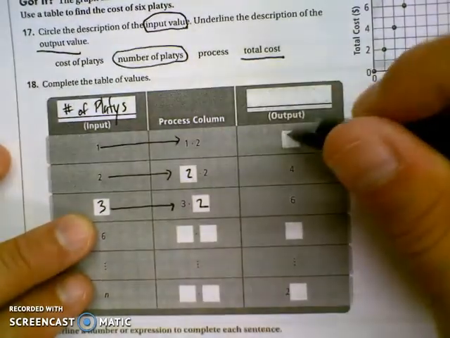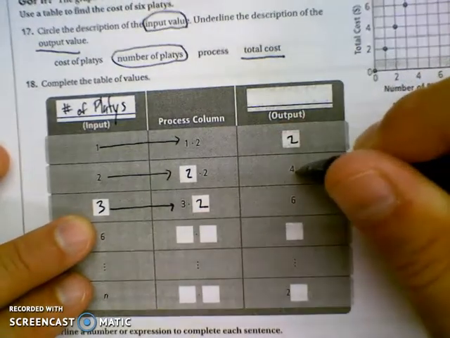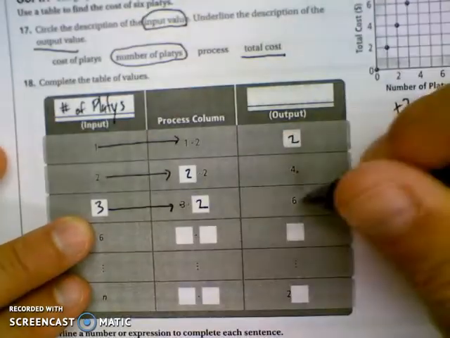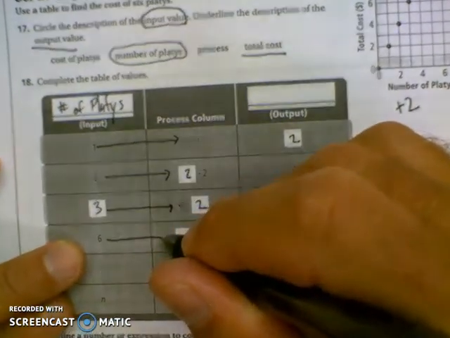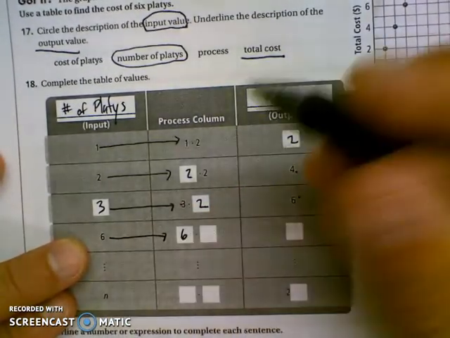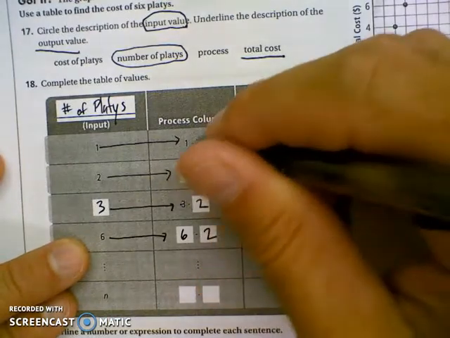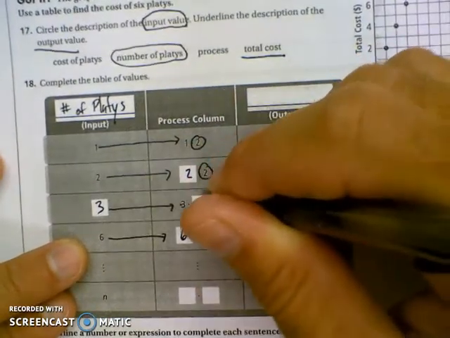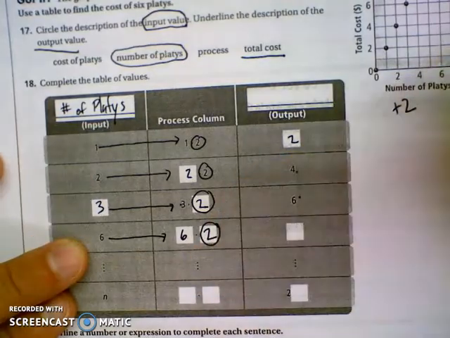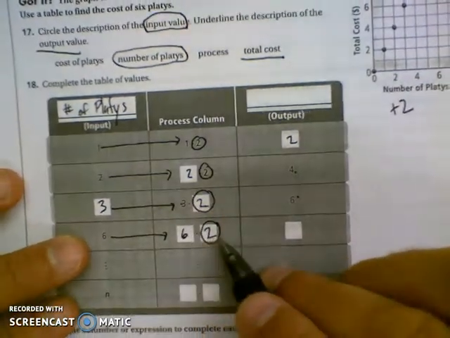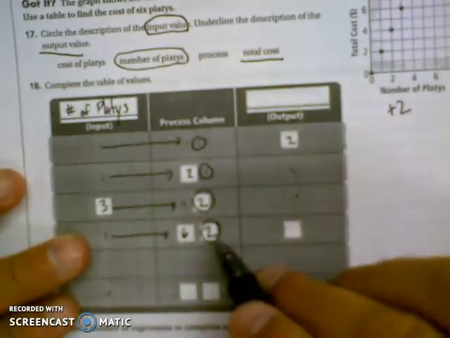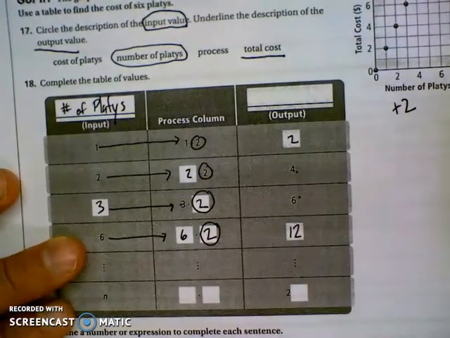So 1 times 2 is 2. 2 times 2 is 4. 3 times 2 is 6. Now you're going to put the 6 in here. Right? That is the input. And this 2 is going to stay the same. This is your constant. Every time the number of plates costs $2. So 6 plates times 2 is $12.